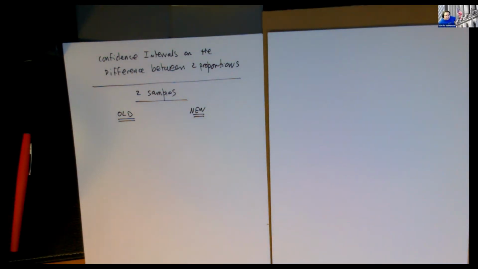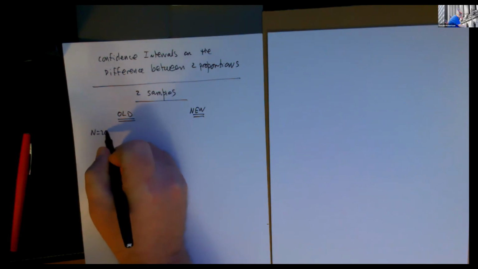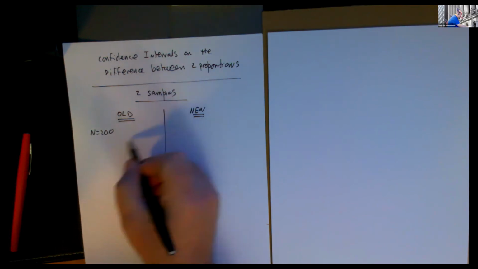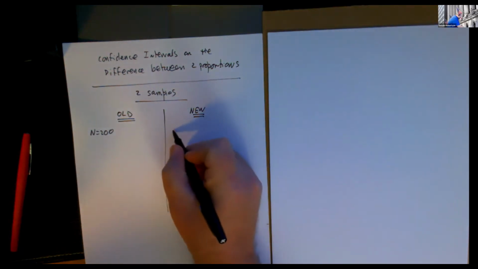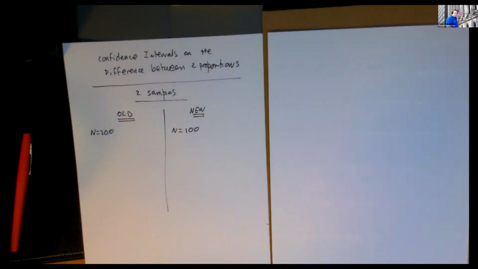And you have some people with an illness, and let's suppose you take a sample of 200 people with the illness who receive the old drug, and 100 people who receive the new drug.